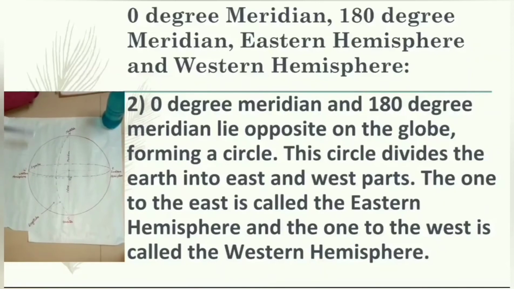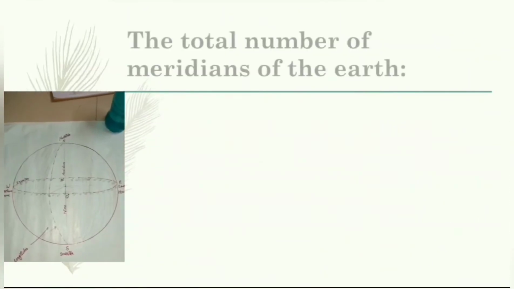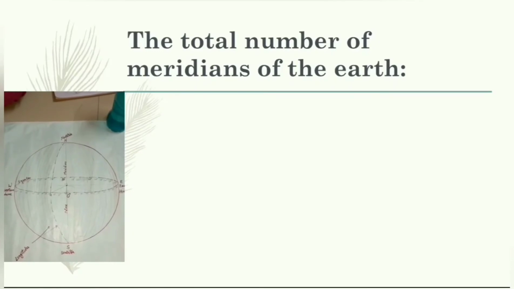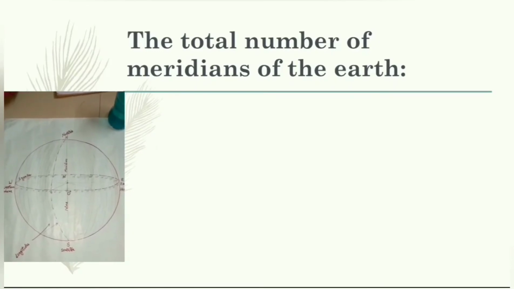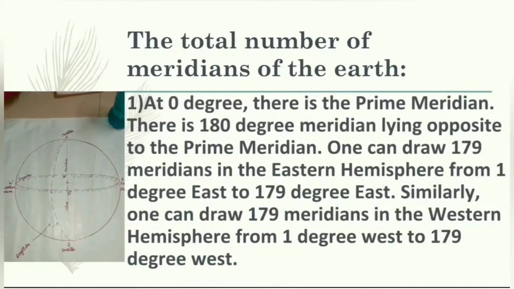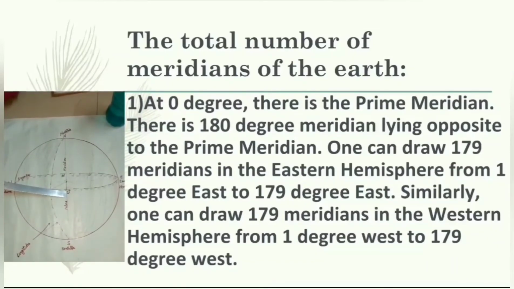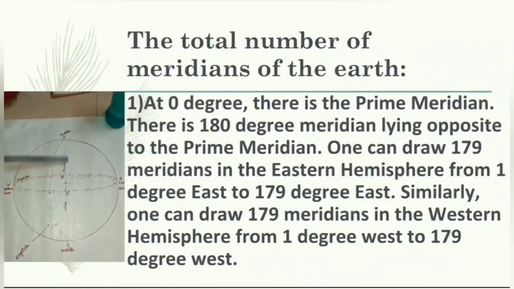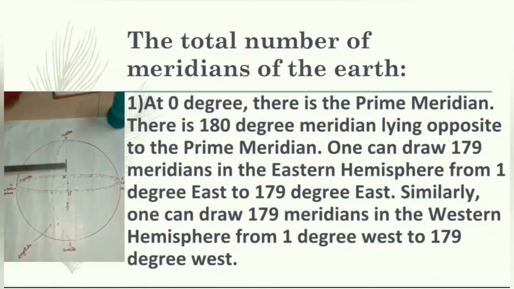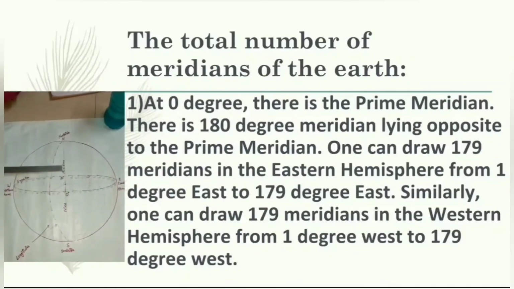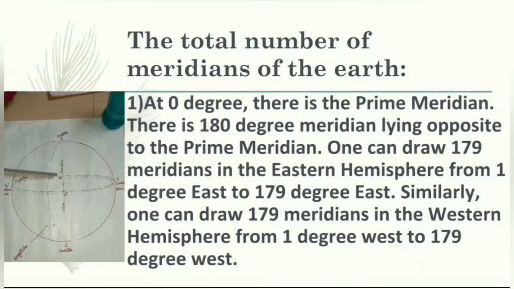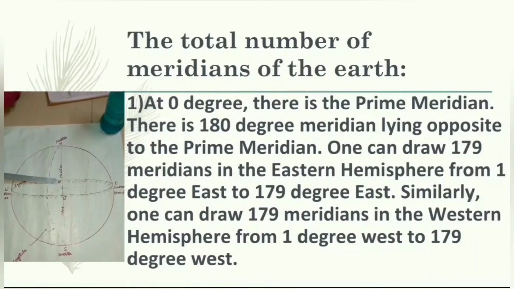Is it okay? Now, the total number of meridians on the earth. So students, the first point is at 0 degree there is the prime meridian. There is the 180 degree meridian lying opposite to the prime meridian. So this is the front side, here is the 0 degree prime meridian, and behind the globe you can find the 180 degree meridian.